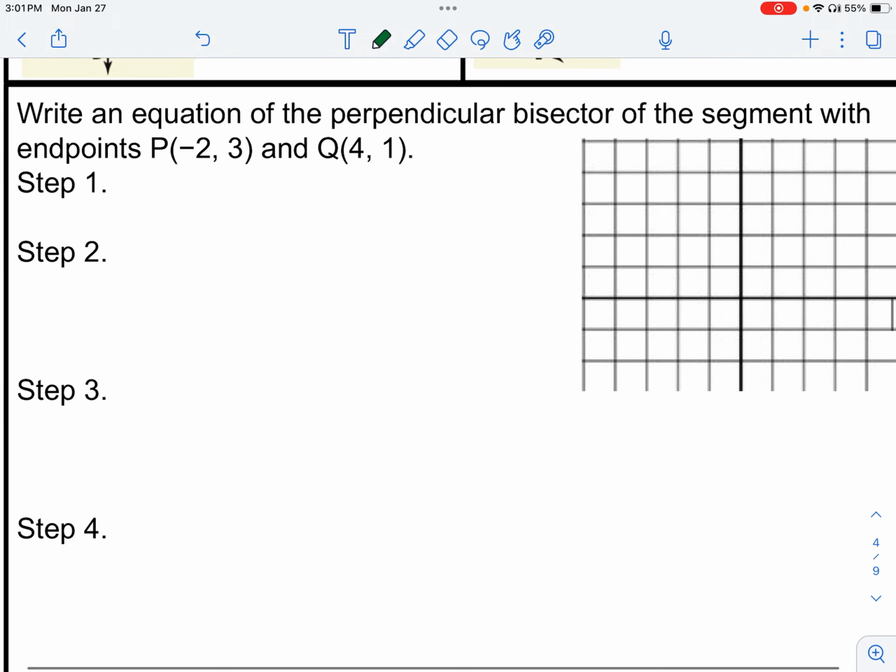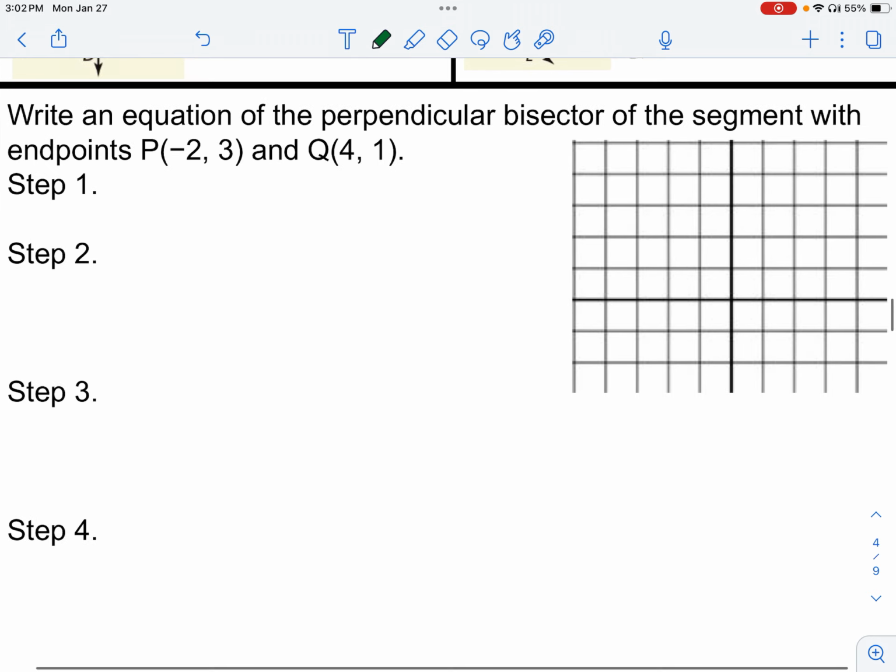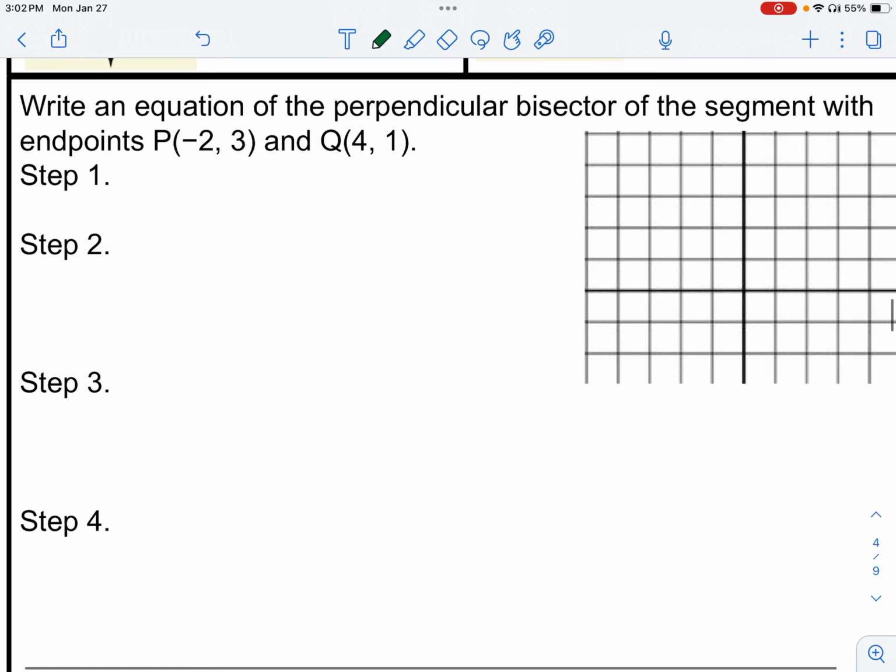So this next one's a little more involved, and we're going to have to remember a lot of stuff. So let's just start at the very beginning. We're going to write an equation of a perpendicular bisector of the segment with endpoints P, which is (-2, 3), and Q, (4, 1).